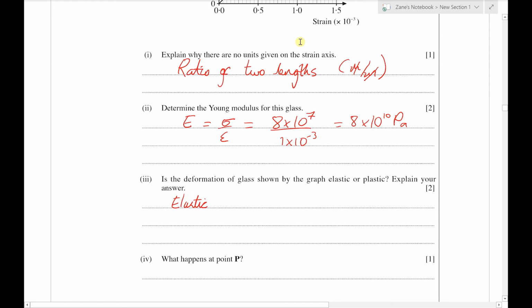So let's say something like elastic because the glass is stretching in a linear way, so the limit of proportionality hasn't been exceeded.